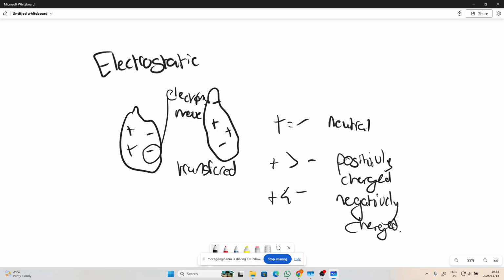Now, this is because of friction. Friction transfers electrons. That's all there is to it. Some transfer more, some transfer less. Simple stuff, right?